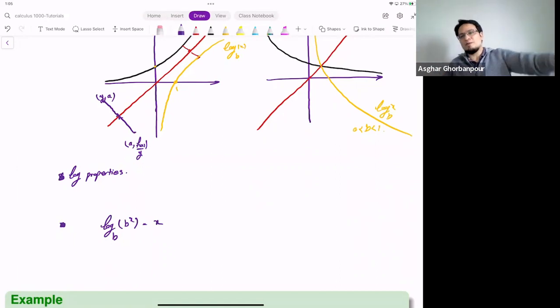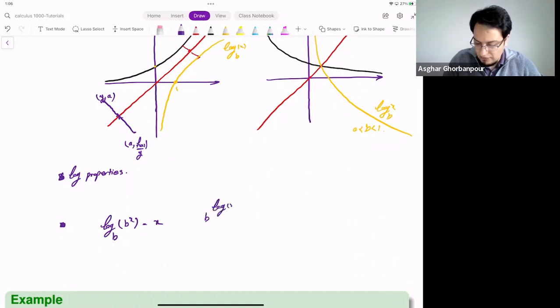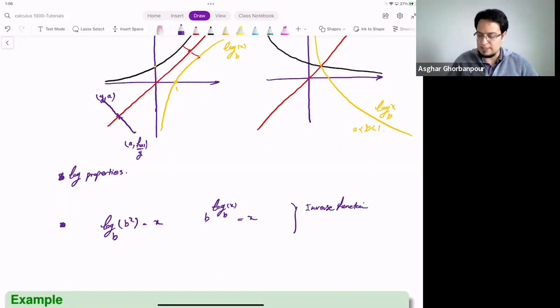So if you start with this machine going from x to b to the power x, and then come back by its inverse, you go back to the original input that you came from. Also, the same thing works if you go first, find log of x base b, and then the exponent, this will be x. So you sometimes see these written as inverse function properties, but you have to know these function properties.